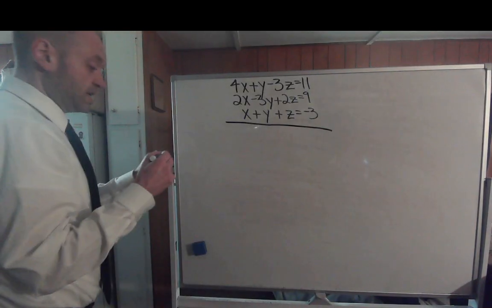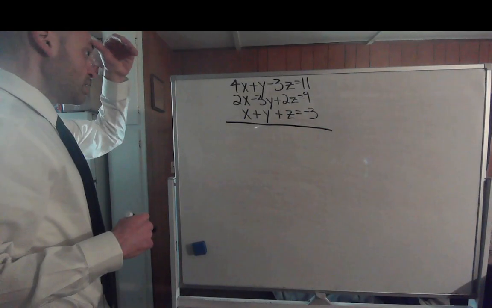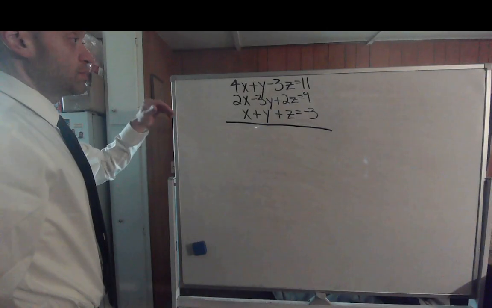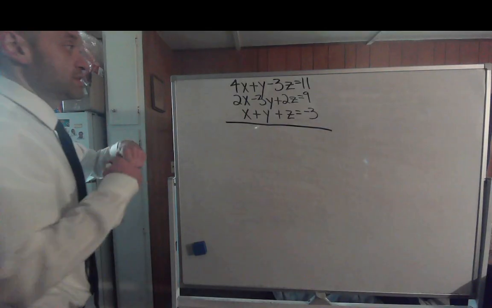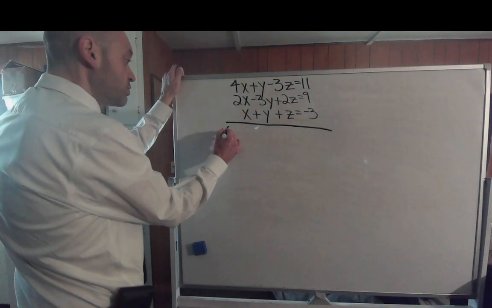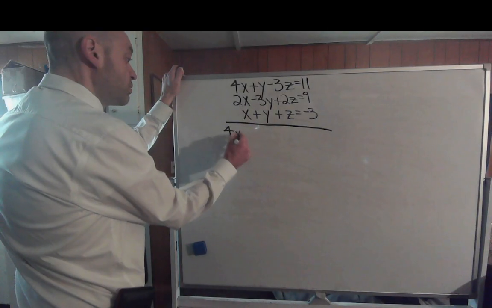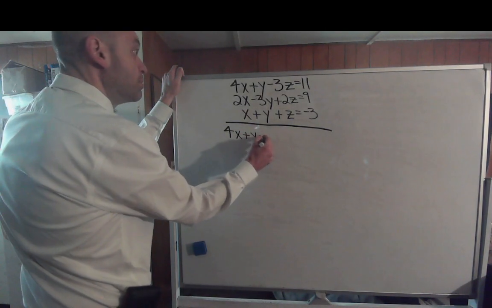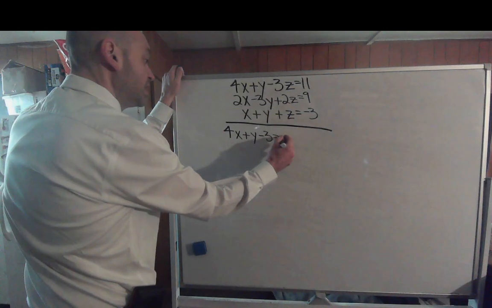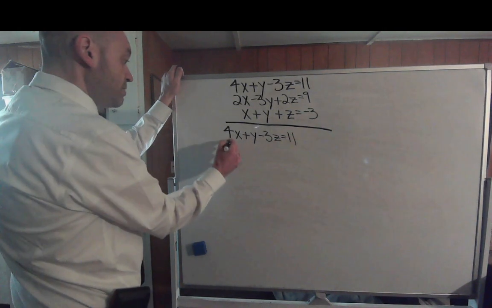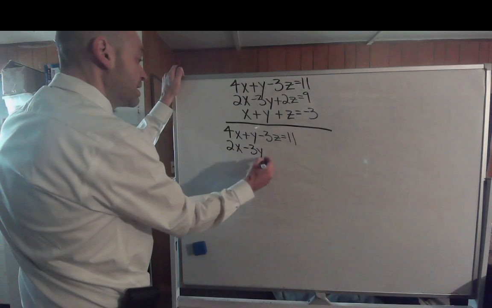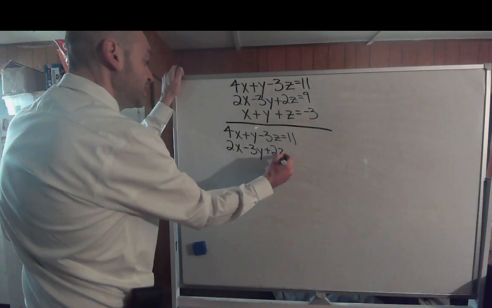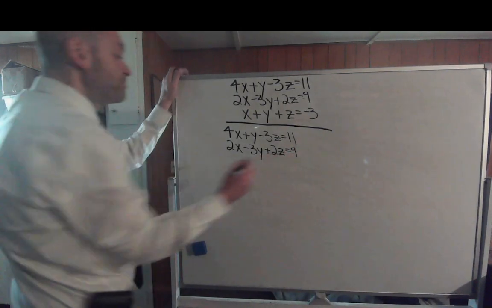So here's what you got to do. We're going to take 3 times the first equation. So let me write out the first equation again. 4x plus y minus 3z equals 11, okay? And then we have 2x minus 3y plus 2z equals 9.